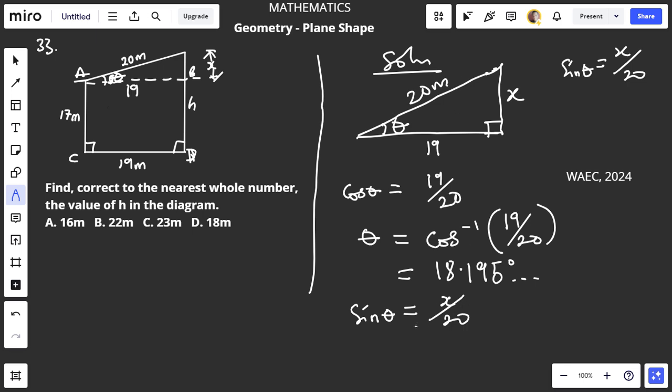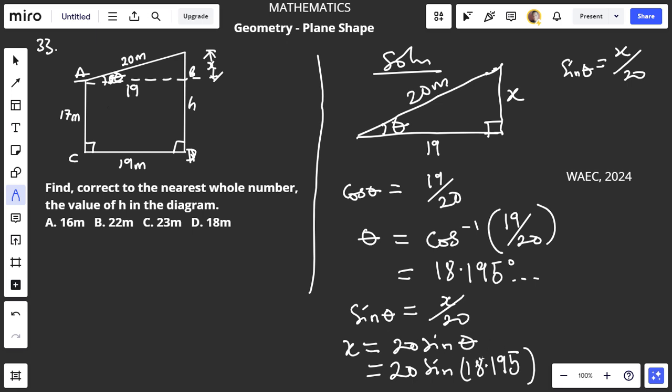When you make X the subject, X equals 20 sine theta, which equals 20 sine 18.195 degrees.